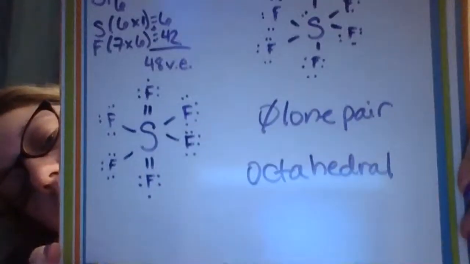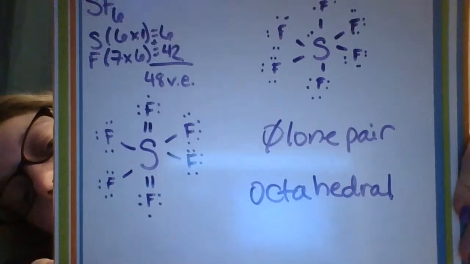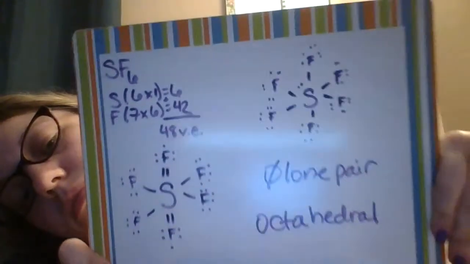So in the end, the question is which one we start from. It could be that there's 1 lone pair or 0. I went with 0, meaning that my shape is octahedral. I'm hoping that my understanding was correct and I did these right.